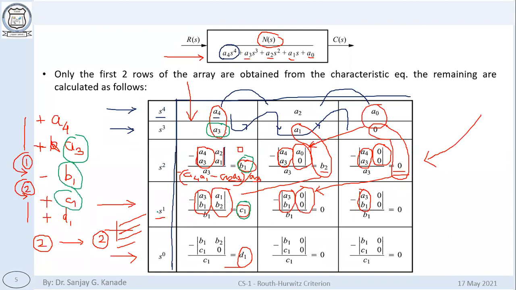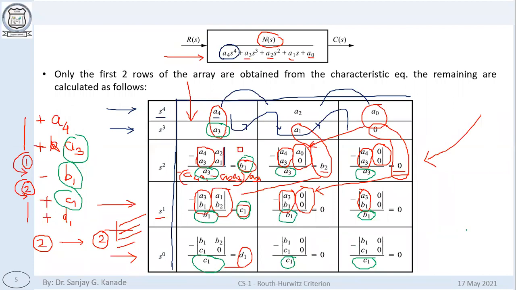Here you can also see A3, B1 and C1. Why it is important that this should be non-zero is because we are going to calculate the next row based on their values, and we are going to divide by these numbers, right? Everywhere the division is by the first element of the row. I have encircled all those in green.